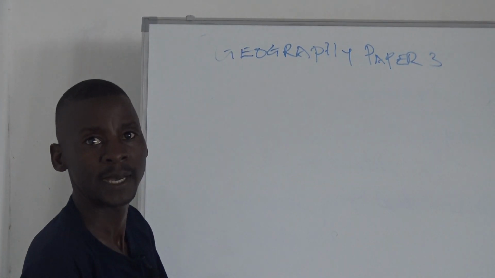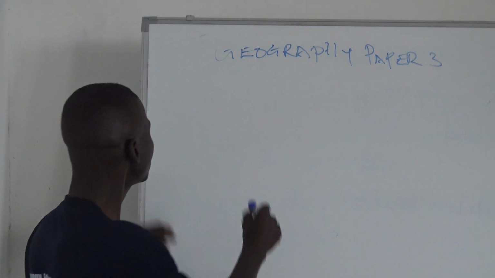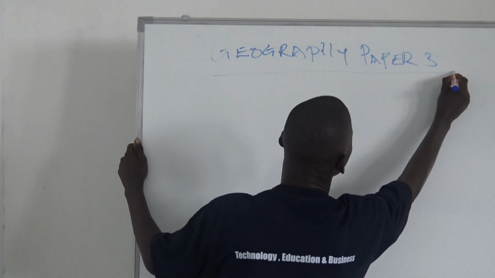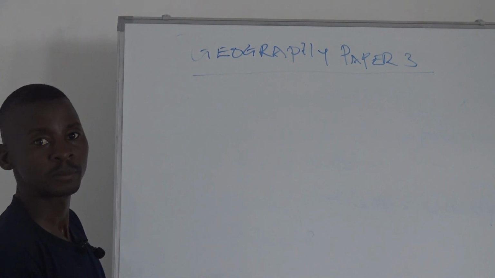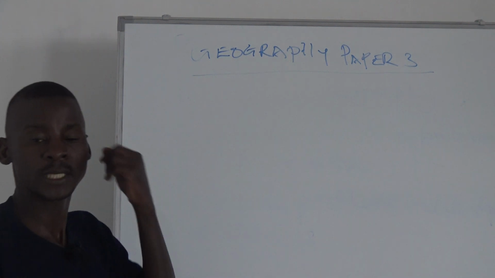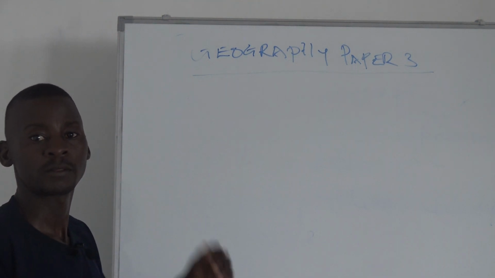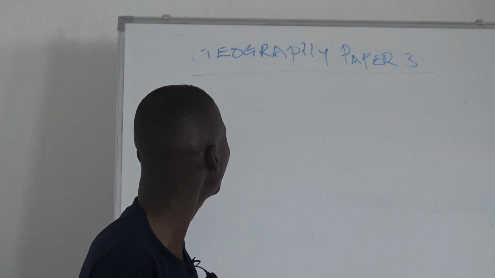As I had already told you briefly, the paper is made up of one compulsory number, that is field work, and then any other three of your choice.